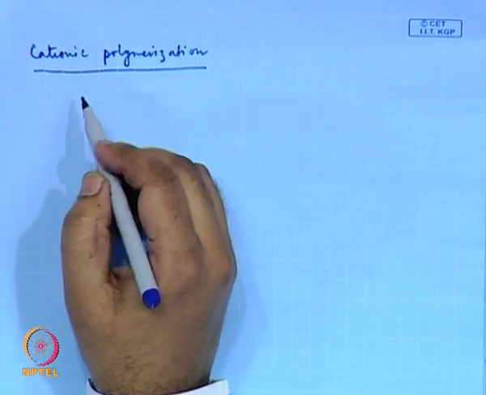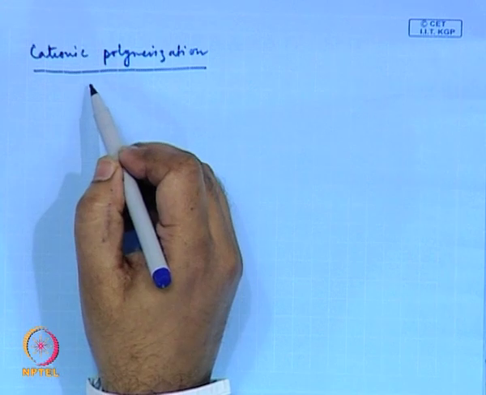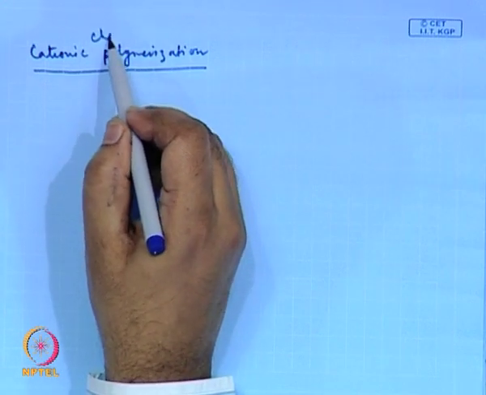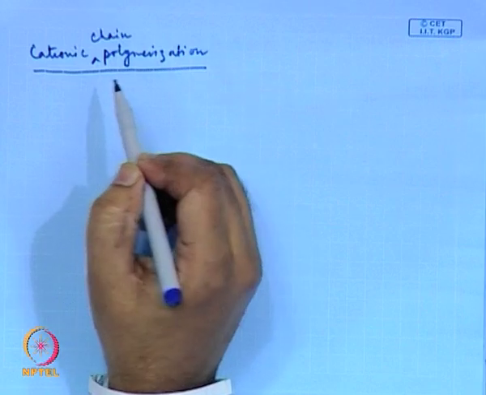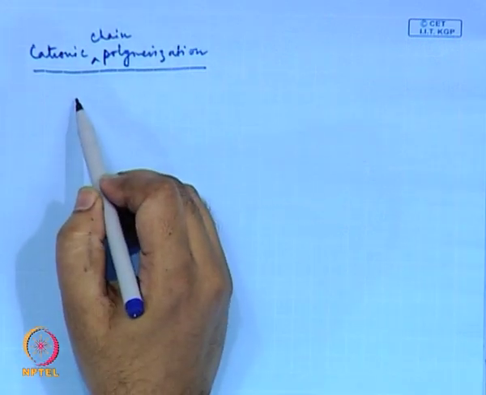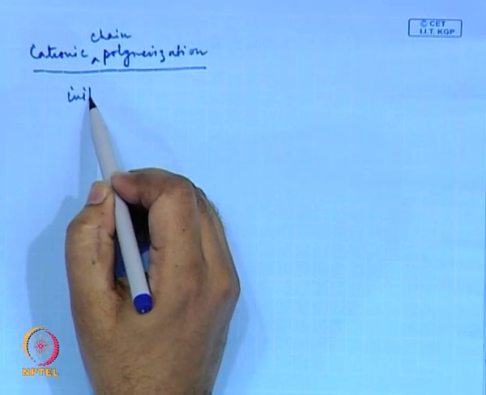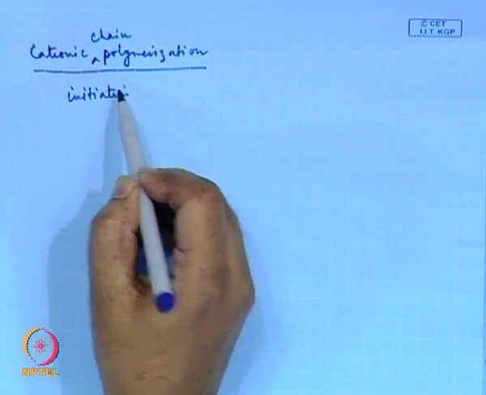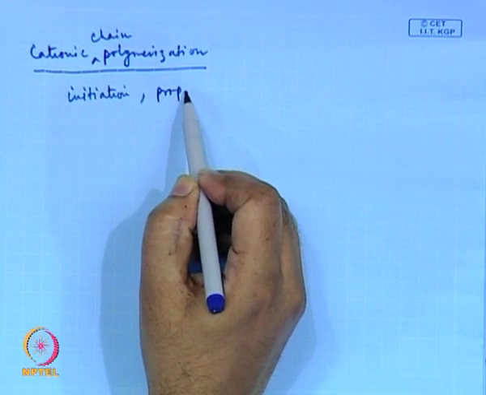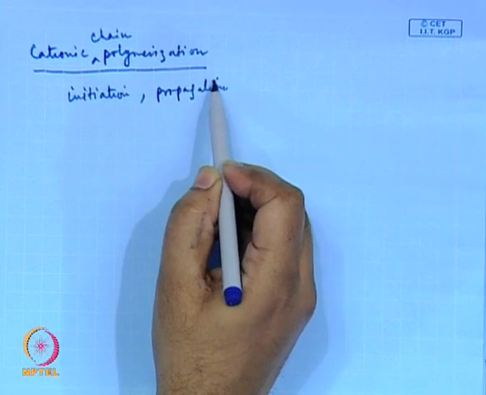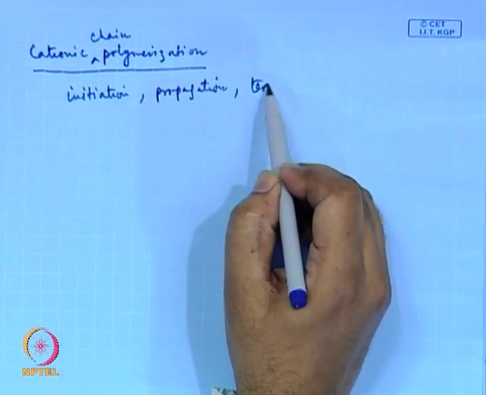Now again, like radical polymerization or any chain polymerization, this cationic chain polymerization consists of 3 steps: initiation, propagation and termination.